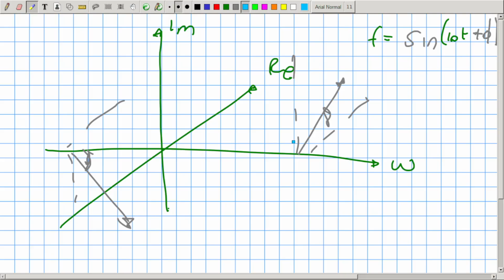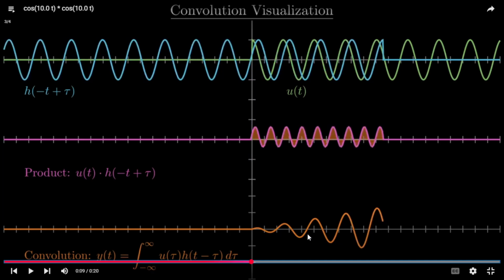I have an f that is a slightly translated version of a sine. So it doesn't start in 0. True? So it's slightly off. It's this blue line here that is slightly off.